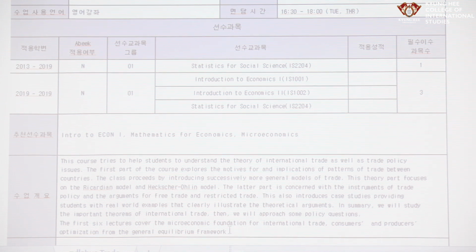So I give some lectures for this foundation for international trade. Okay, so we study here consumers' utility maximization problem, producers' or countries' value maximization problem. And we introduce a general equilibrium framework to start the international trade lectures. Okay?